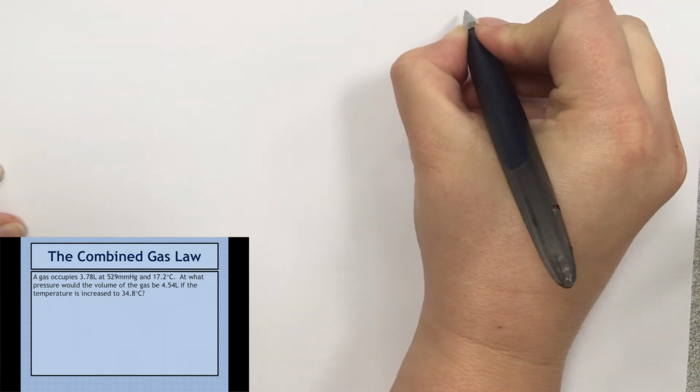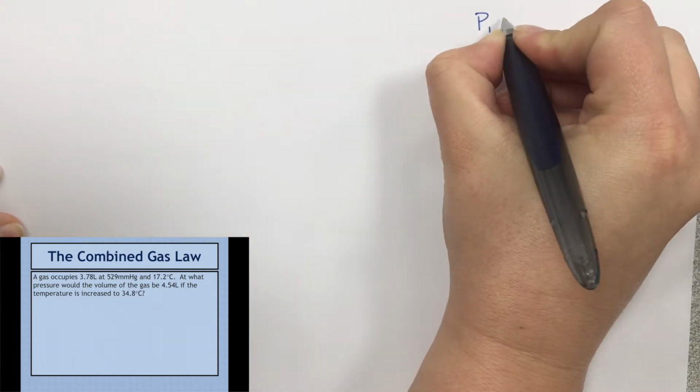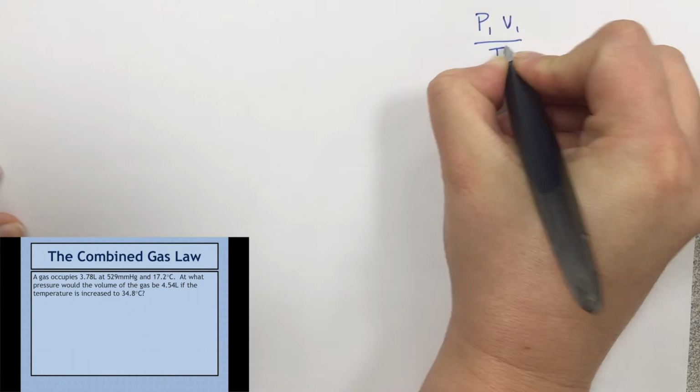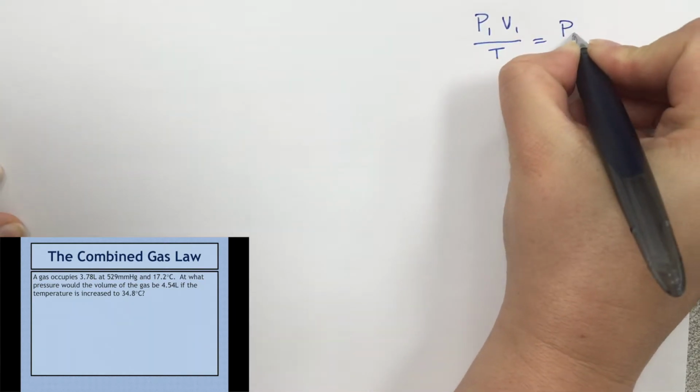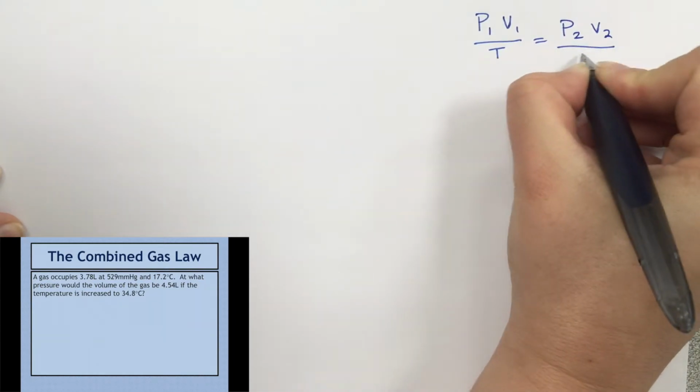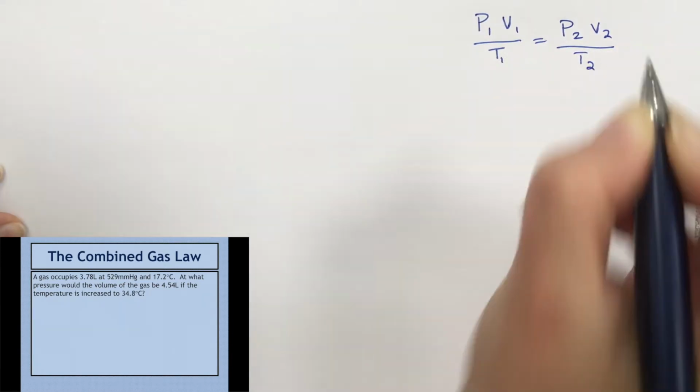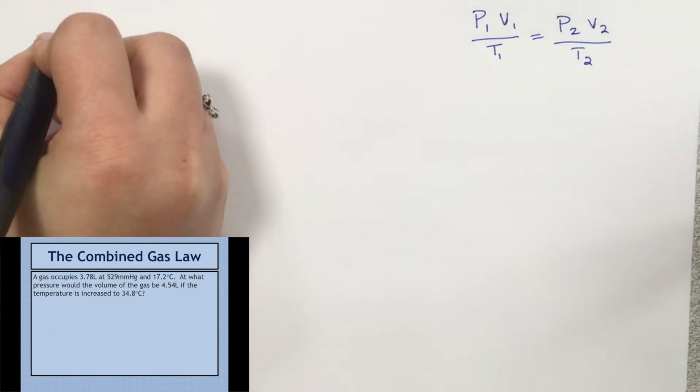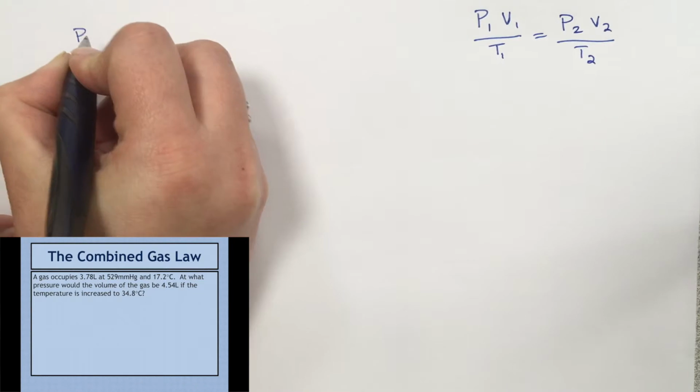So let's write down the equation just so we have it handy. P1 V1 over T1 equals P2 V2 over T2. Okay, so there's our equation, and I like to write down our variables.